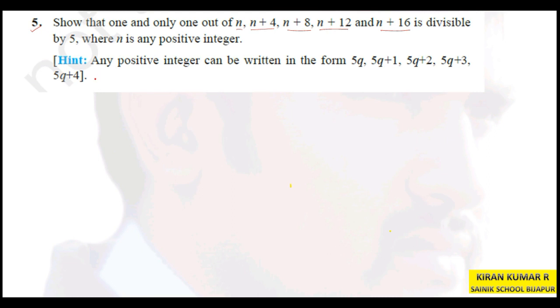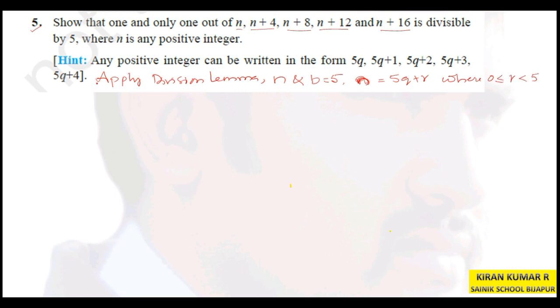Like the previous question, we shall apply division lemma by taking a and b values to be n and 5, wherein there exist unique integers q and r such that they satisfy n equal to 5q plus r, where 0 less than or equal to r less than 5.